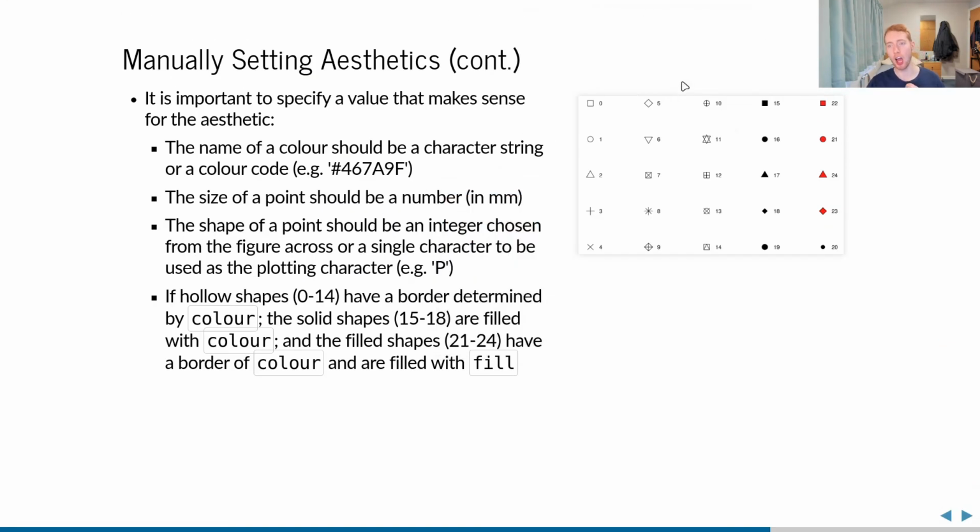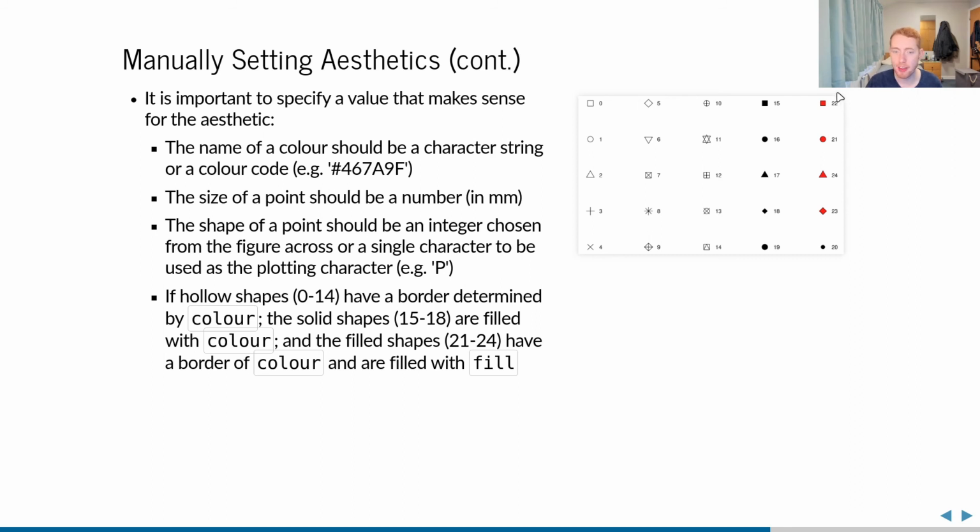In these shapes over here, there are 3 different types. There are the hollow ones, that's 0 to 14. There are the solid ones, so 15 to 20. And then the filled ones are 21, weird order there, 21 to 24. The hollow ones and the solid ones can have their color controlled using the color aesthetic.